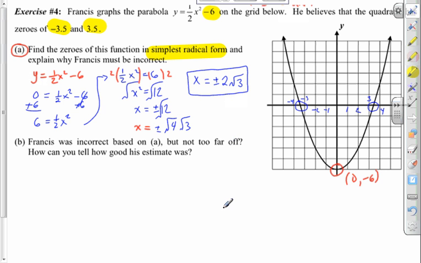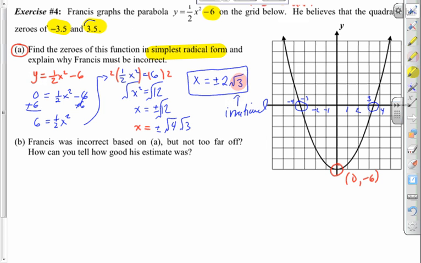Now, this doesn't completely assure us that Francis is wrong, because maybe the value of this expression is 3.5 or negative 3.5. However, we need to take note of this part of the expression here. Square root of 3. The square root of 3 is an irrational number. And when we multiply a rational number, like 2 or negative 2, times an irrational number, like the square root of 3, we're going to end up with another irrational number.